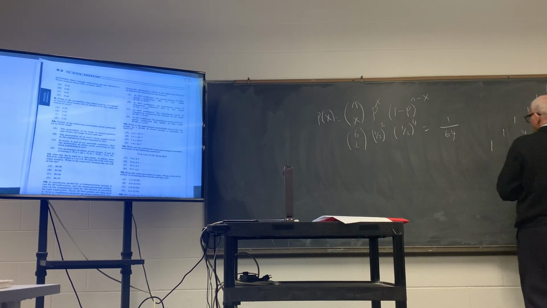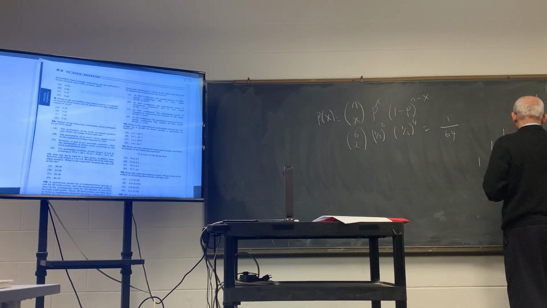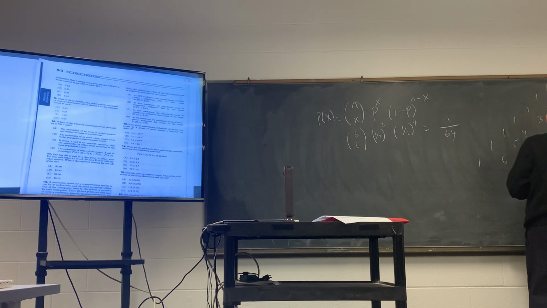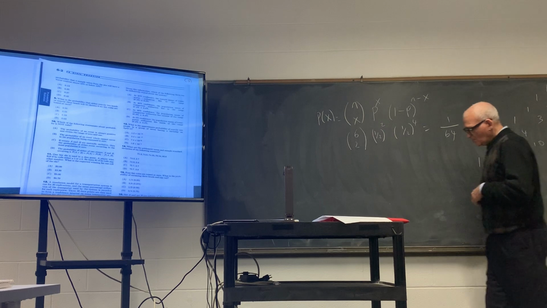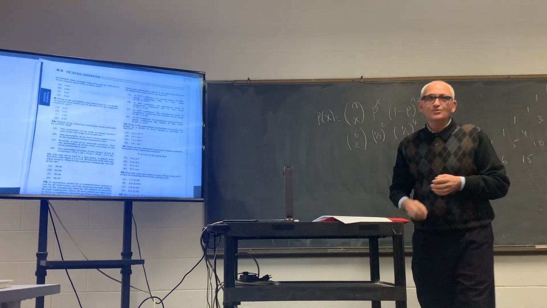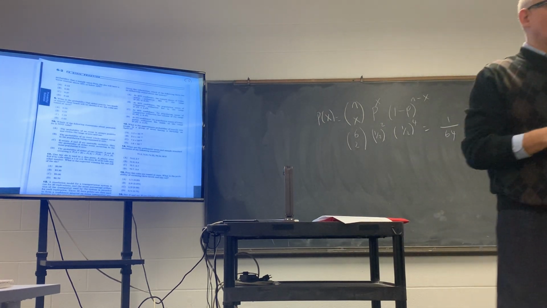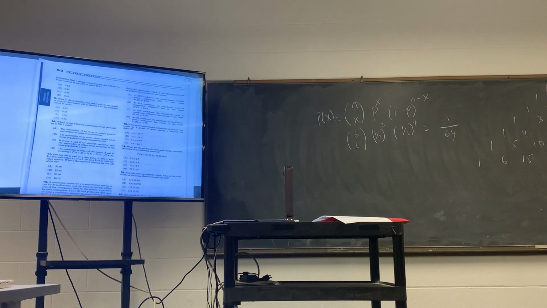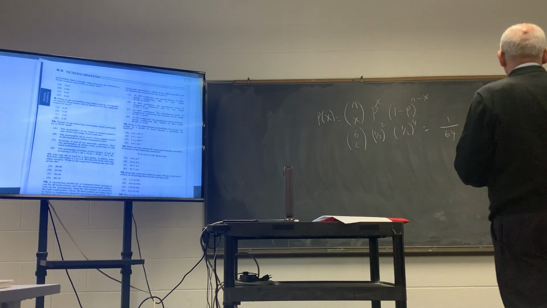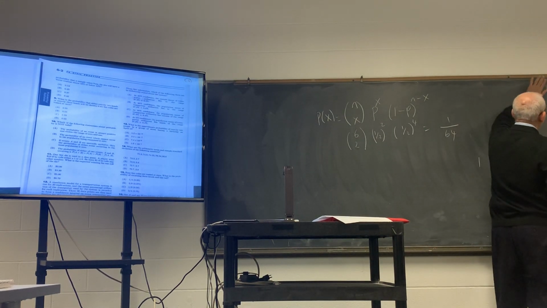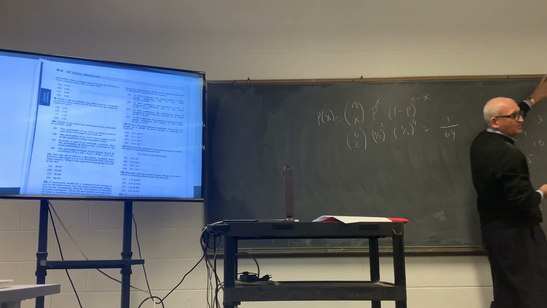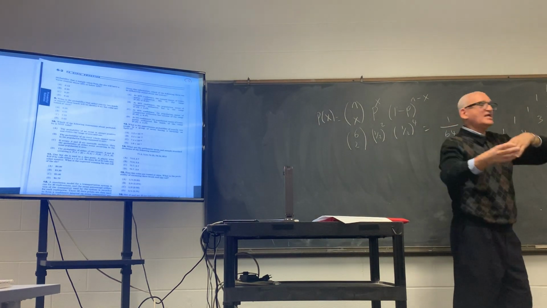I love it for many reasons. We call the first row the 0th row, the second row the first row, the third line the second. So we ignore the first entry because it's always a 1, and then read the next.